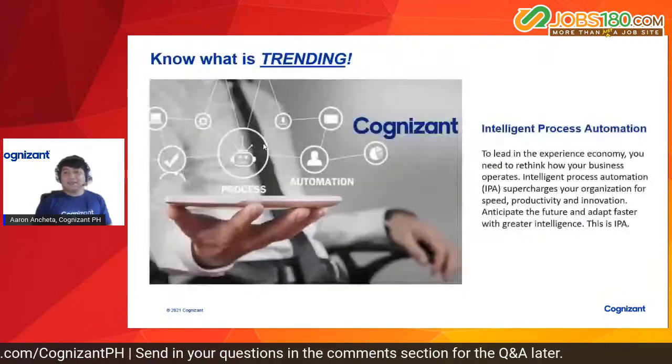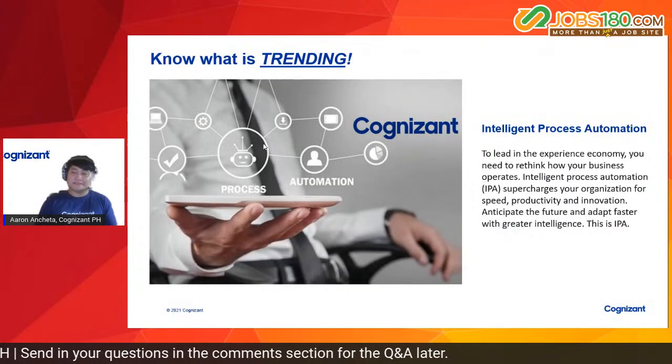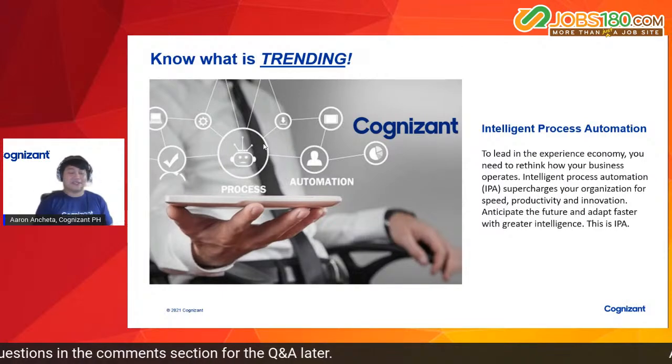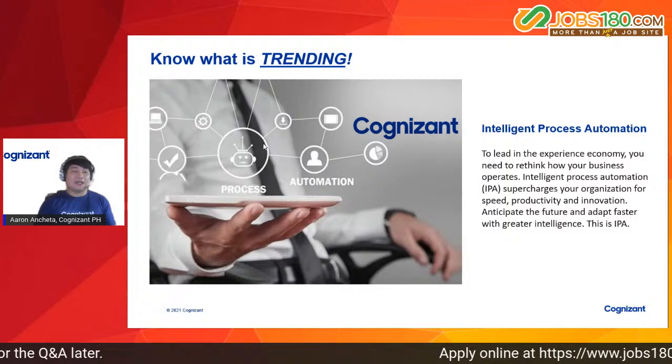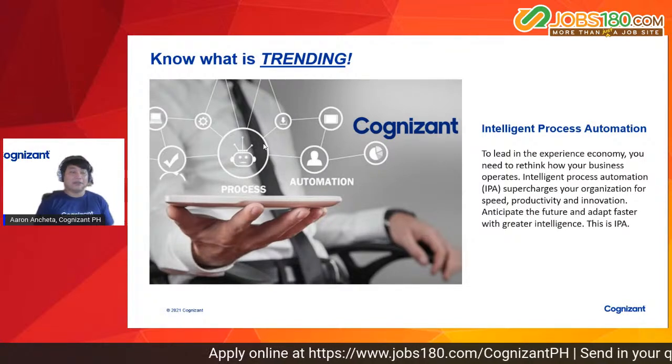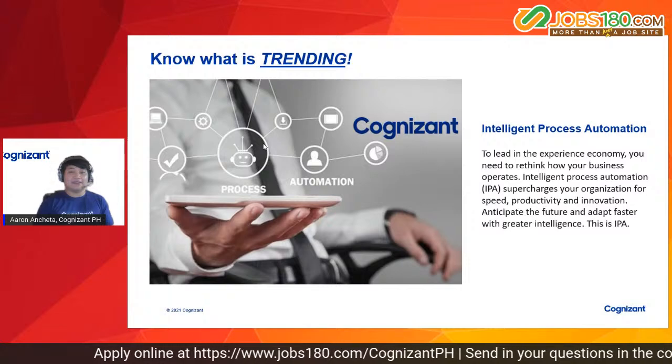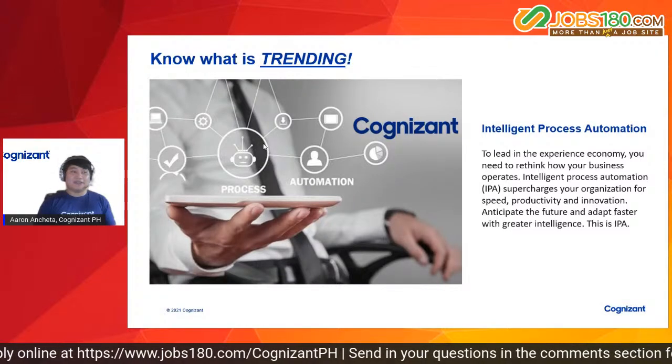So there. And intelligent process automation is actually a combination of AI, digital experience, and all other technologies. It's a hot topic now in the IT industry, especially in the US.